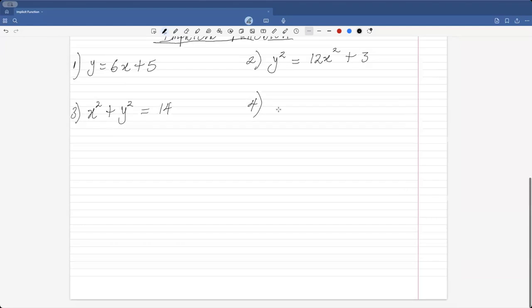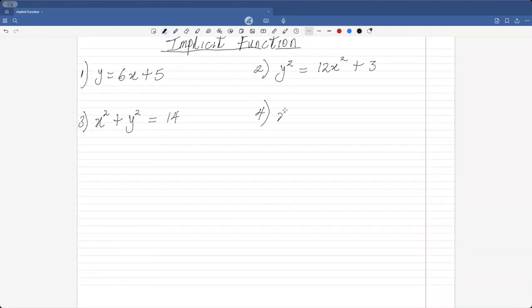Number 4, we have x cubed plus y cubed equals xy.